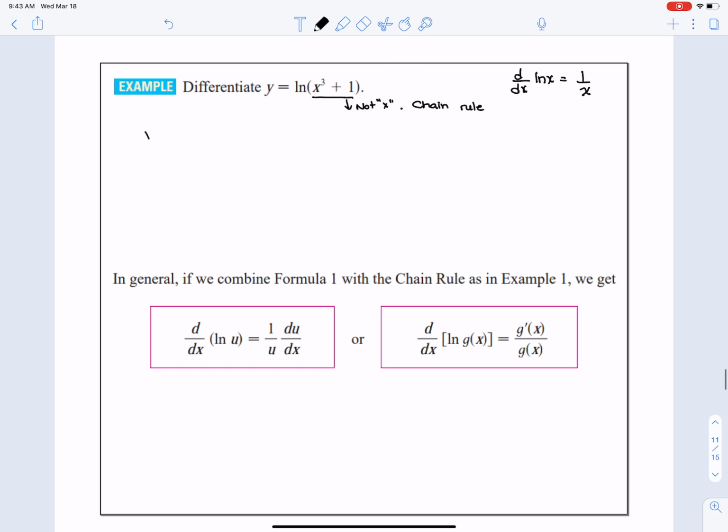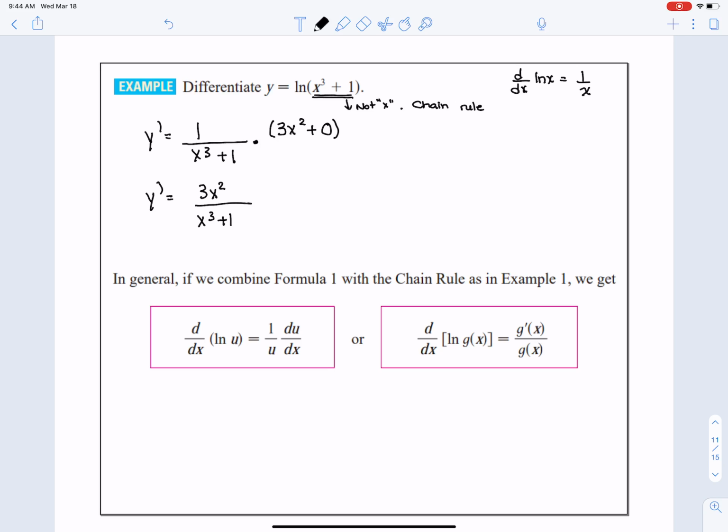So here, y prime is 1 over the argument, which is x cubed plus 1. But because that argument has chain rule involved, we would take the derivative of the inside, which would be 3x squared plus 0. And one last step to clean that up: 3x squared over x cubed plus 1.